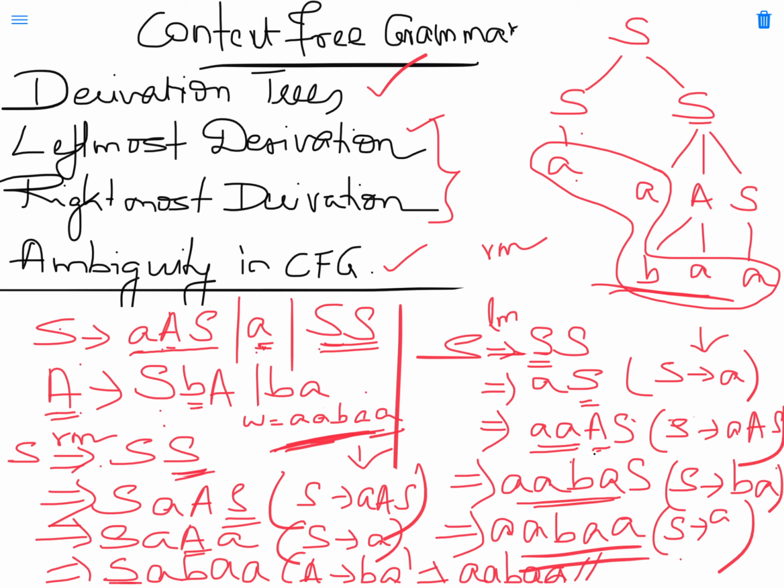Ambiguity in context-free grammar means that if there exists more than one leftmost derivation or more than one rightmost derivation, then we can say that the grammar is ambiguous.